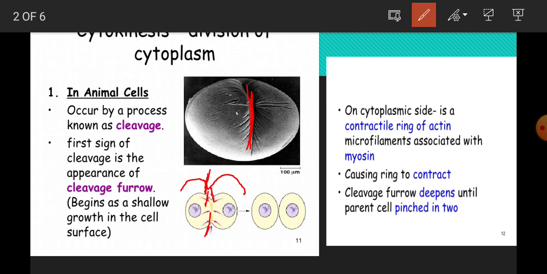These are actin and myosin, protein fibers, and these microfilaments are associated with furrow formation. And as they are muscle-like fibers, they can contract, and the cleavage furrow deepens until the parent cell is pinched into two cells.